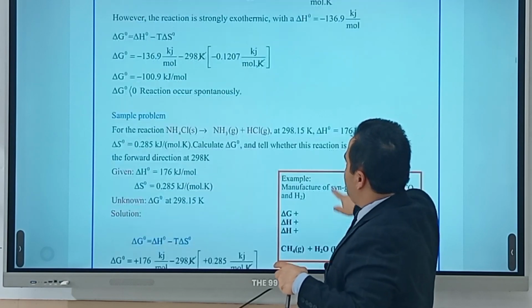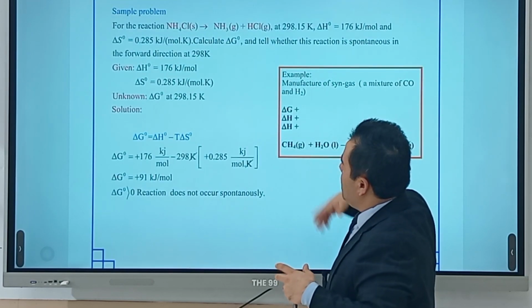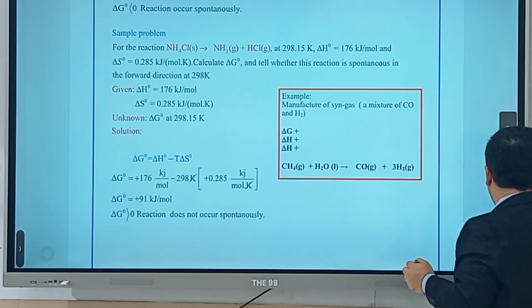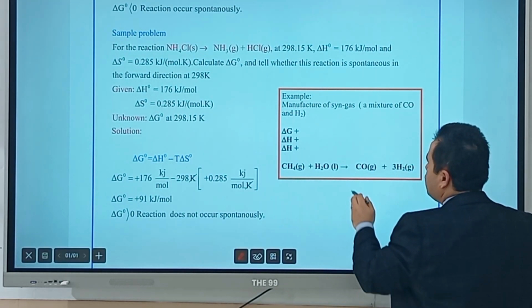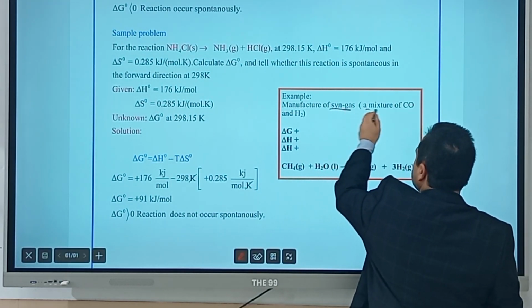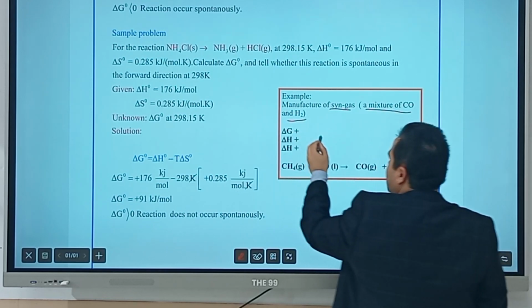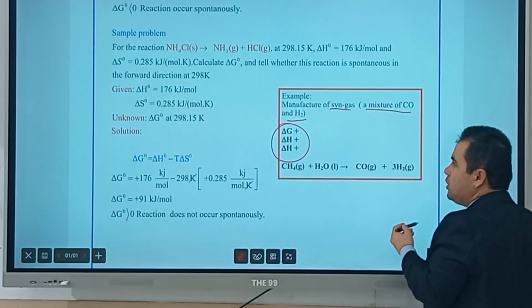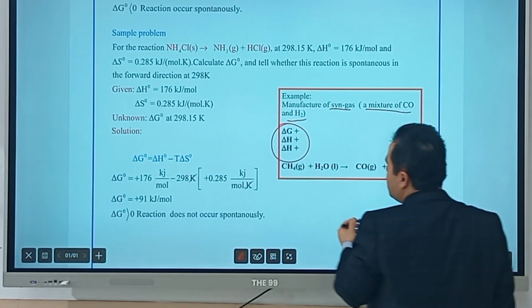Here we have some examples, guys, about those notes we said. We'll be solving the notes, but let us talk about the manufacture of syngas. A mixture of carbon monoxide and hydrogen has positive enthalpy, giving free energy and entropy as well.